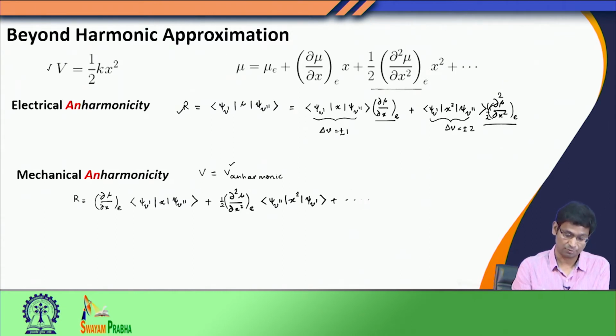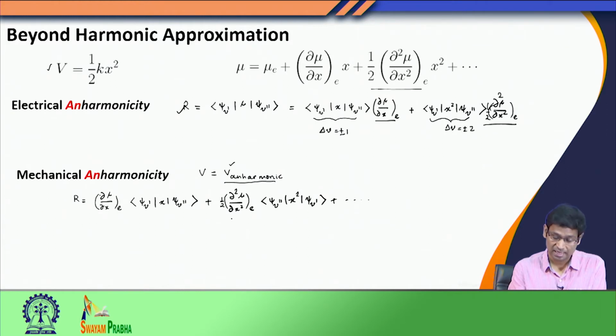I just wrote down this transition dipole moment again, but now you remember that this potential energy is not the harmonic oscillator, rather it is V anharmonic. We will discuss in a moment what can be a suitable anharmonic potential, but suppose we have an anharmonic potential which is different from the harmonic oscillator problem.